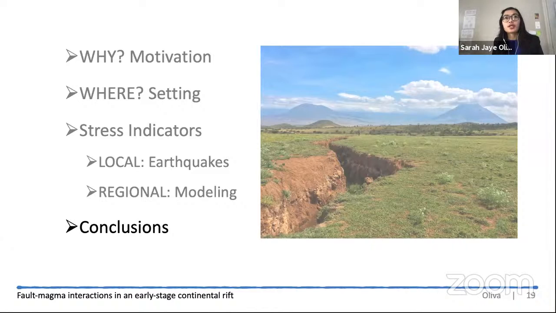We looked at earthquakes in the 2013-2014 local array in detail, and then extrapolated our results back in time by looking at a permanent station and using template matching. And then from there, we tried to recreate and figure out the local stress rotation from a modeling point of view.